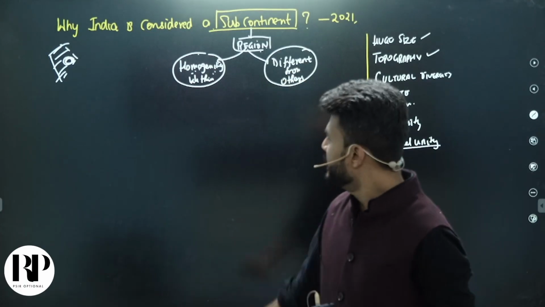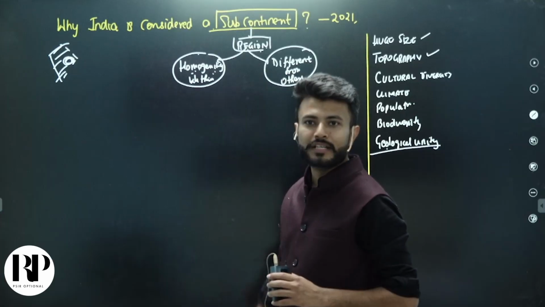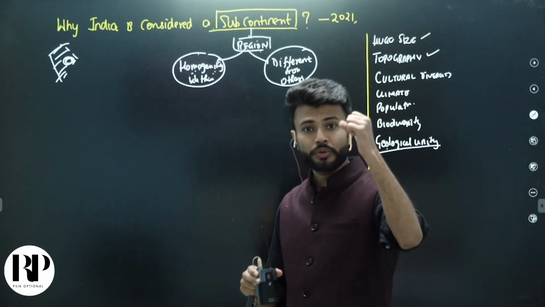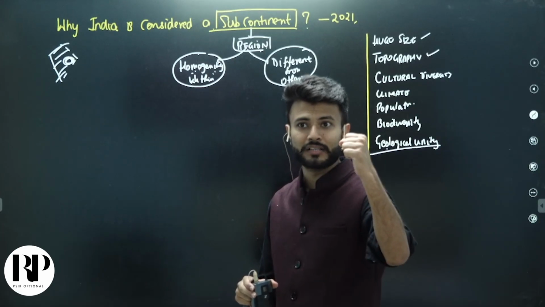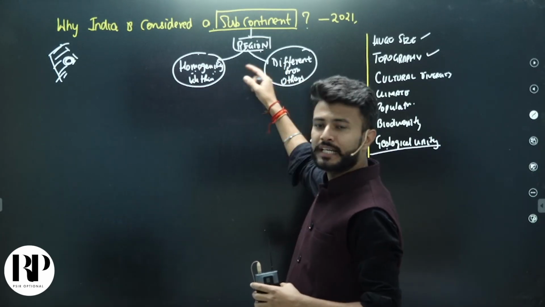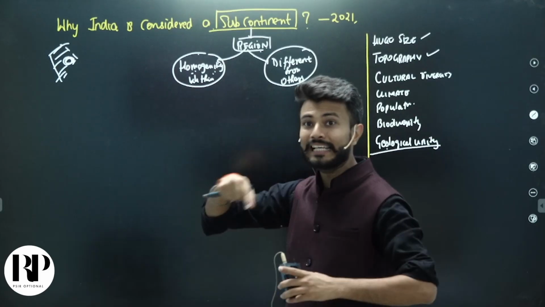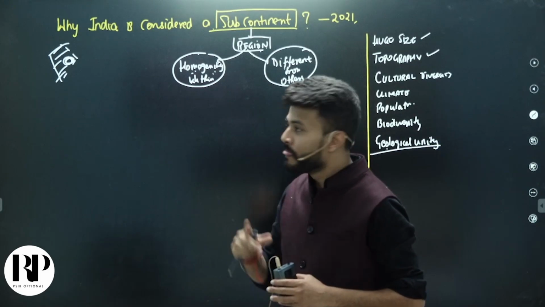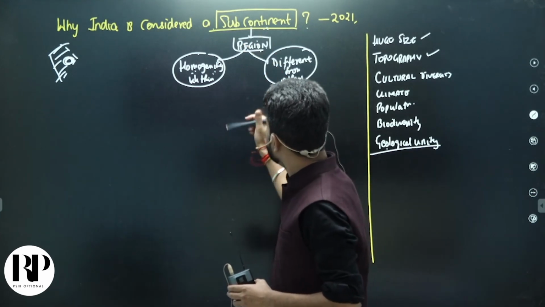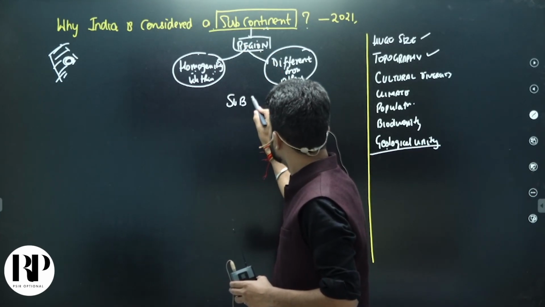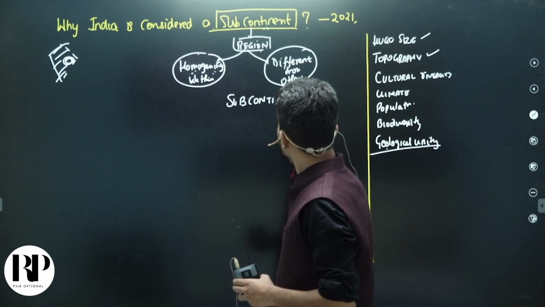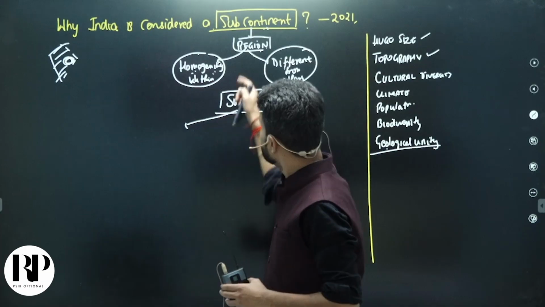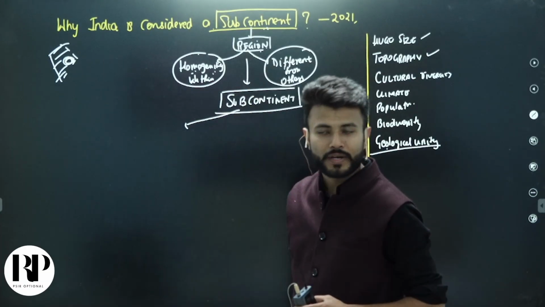So whenever you have to identify a region, there has to be some element of homogeneity within, which is a unifying factor that will unify the region, and some form of heterogeneity from the external world, which will delineate that particular region from the rest of the world. Now, when we talk about India as a subcontinent, this concept will flow into this question also.